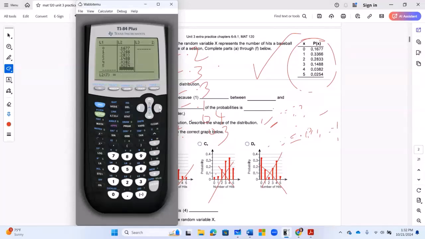When I hit enter, I have typed in all the probabilities to 4 decimal places.